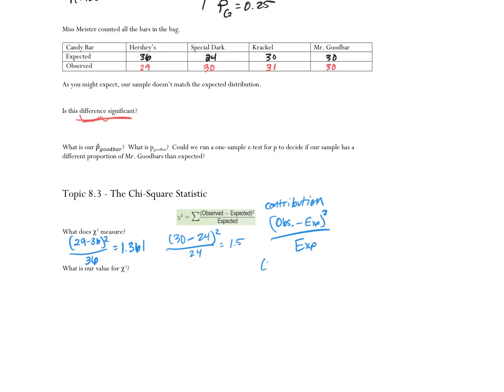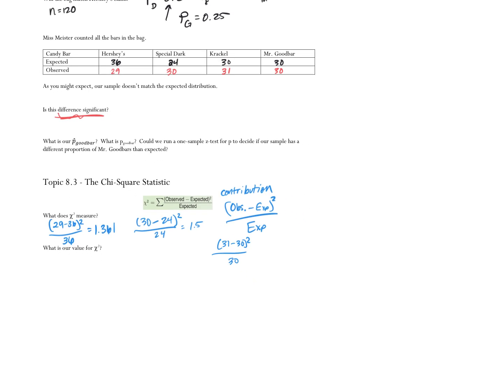And then 31 minus 30 squared over 30. And then I think this last one should be like 0.033.